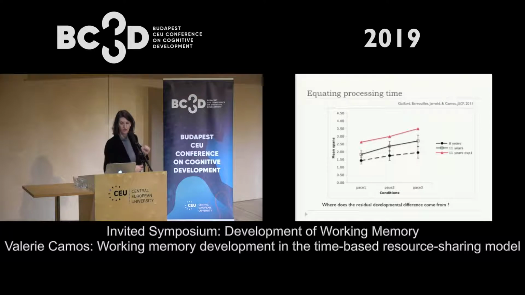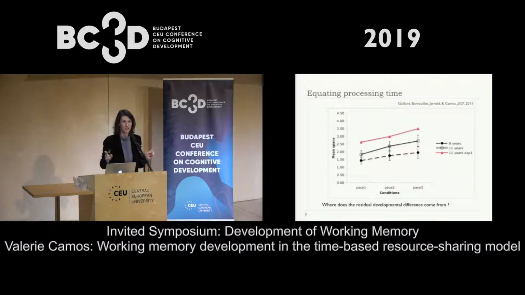And what we observe here, just for the sake of comparison, is the 11 years old of the previous experiment. The 8 years old got the same trend, but you can see that the new group of 11 years old, with this task in which we equate the time during which information is going to decay, reduces the difference between the two age groups.